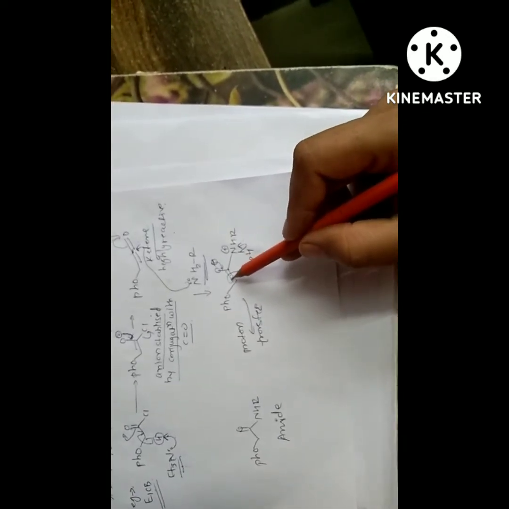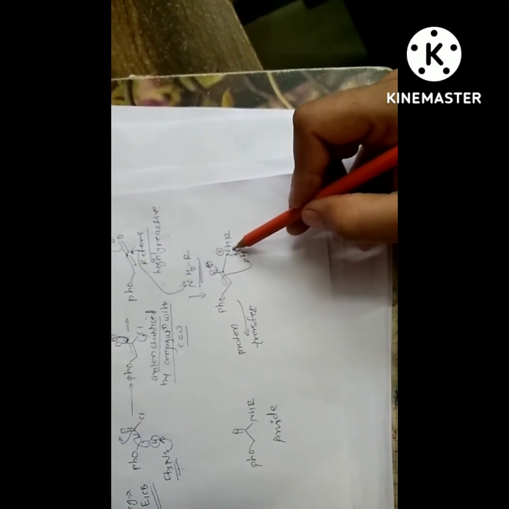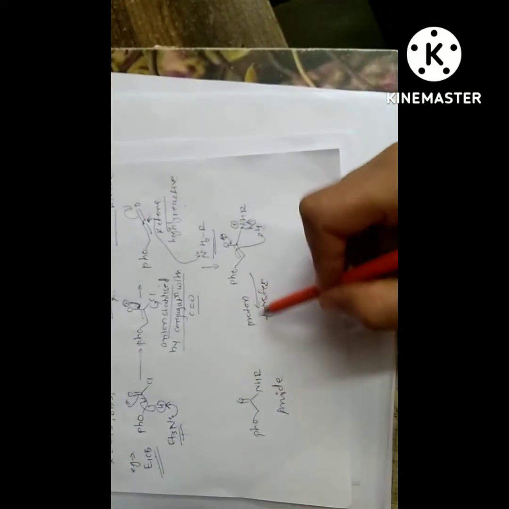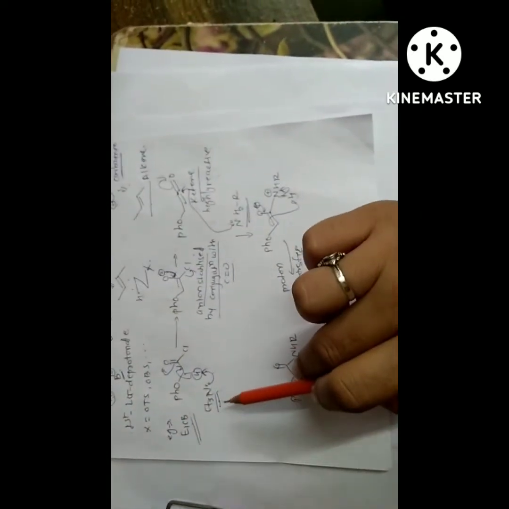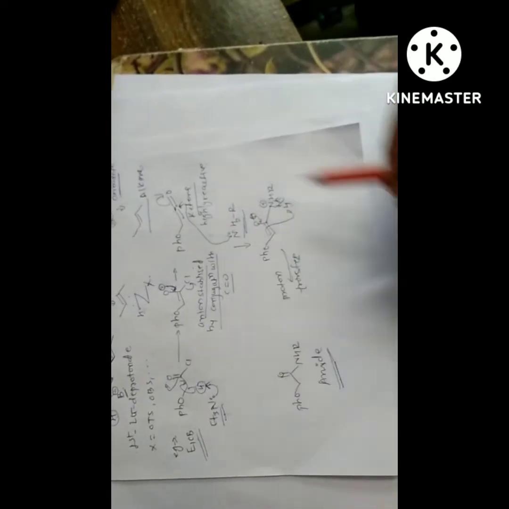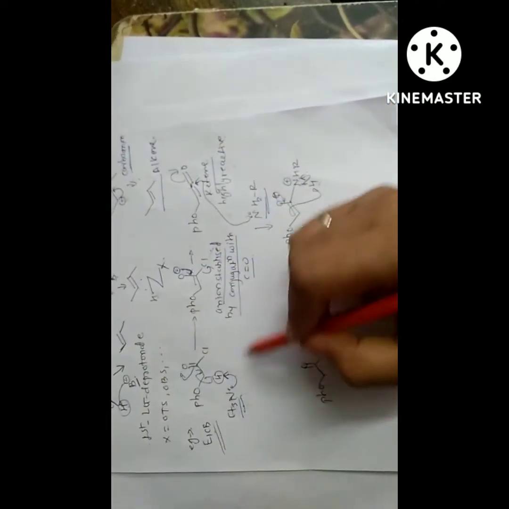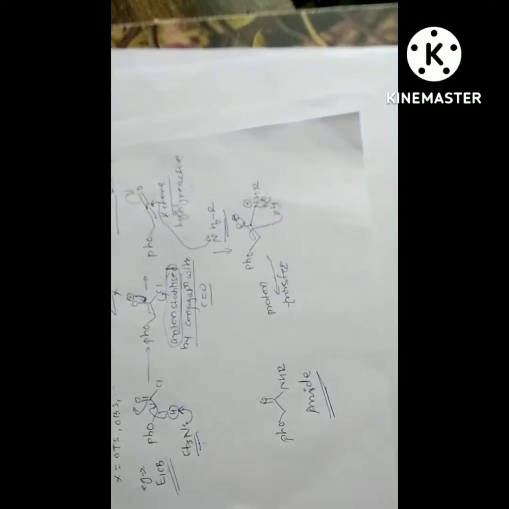So this double bond will extract this hydrogen, and the bond will shift towards the nitrogen, and after that we get the amide product. So the E1cb reaction happens via the anion mechanism, that is, the anion stabilized by conjugation with the C double bond O.